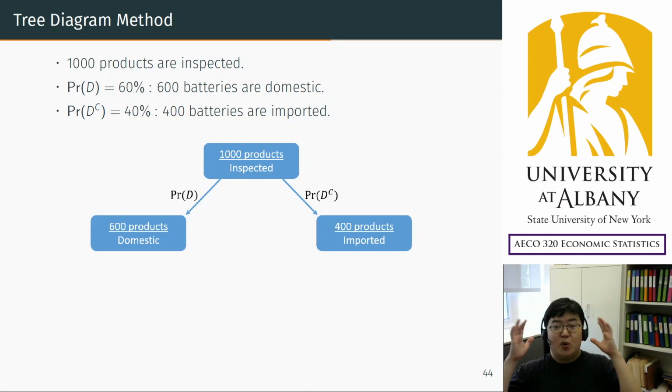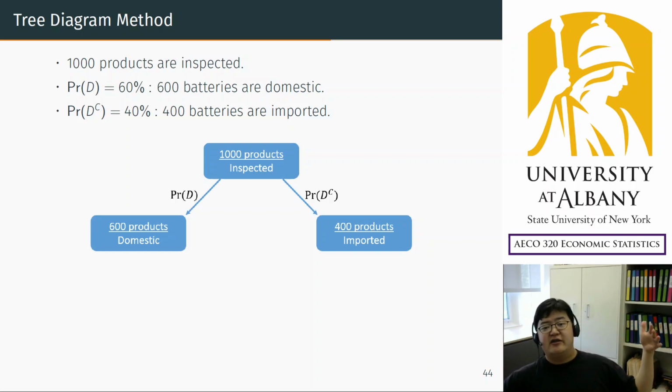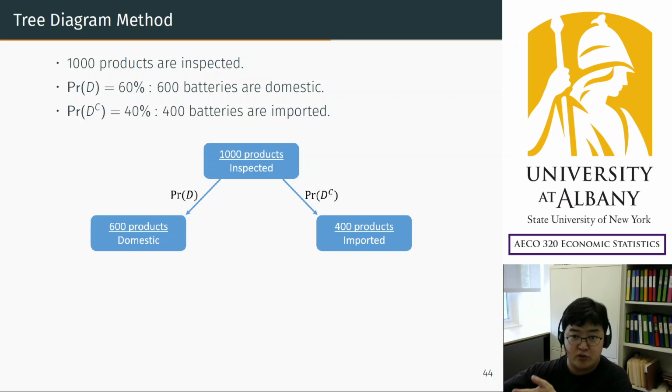First, I'm going to imagine 1,000 batteries will be inspected. So imagine you chose 1,000 batteries. They are in front of you. Based on the information available, you know 60% of them are domestic and the other 40% are imported.